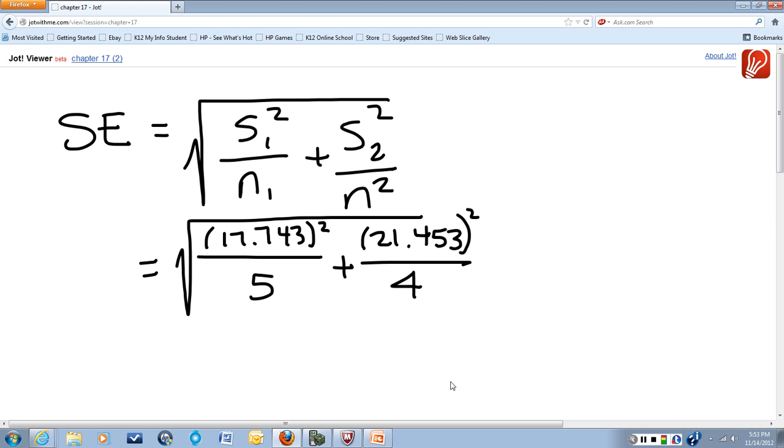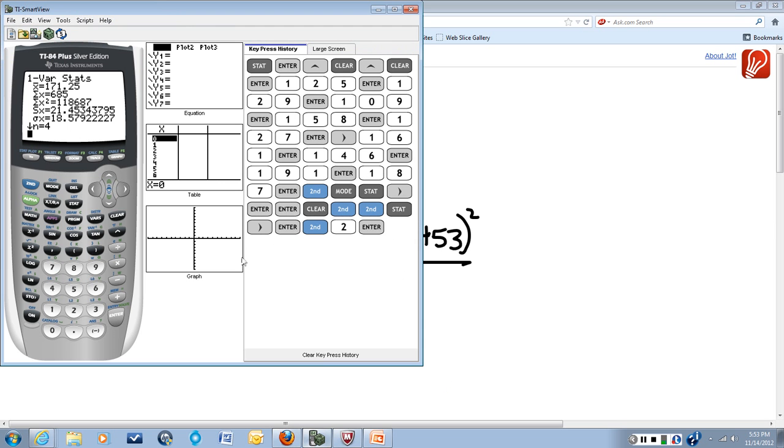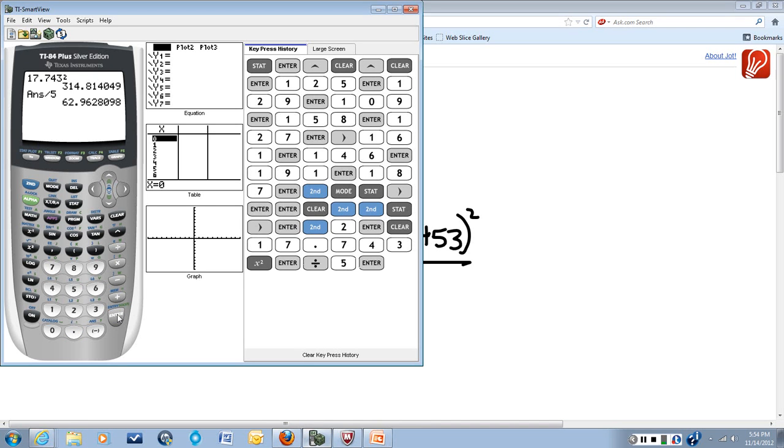So if we go over to our calculator and pump those numbers in, I'm going to do 17.743 squared. And then I'm going to divide that by 5. Okay.